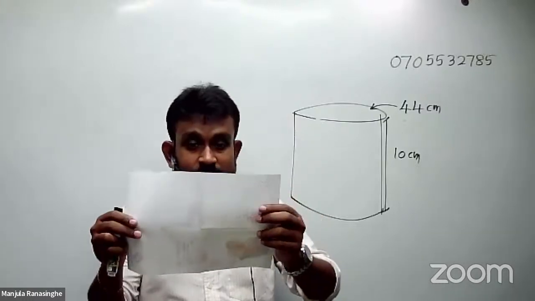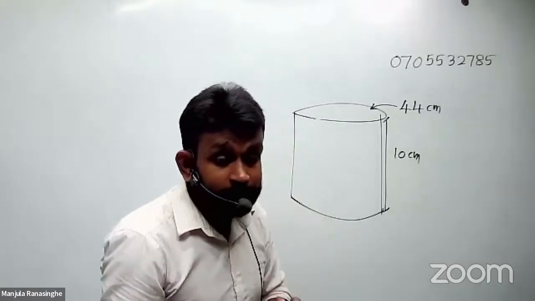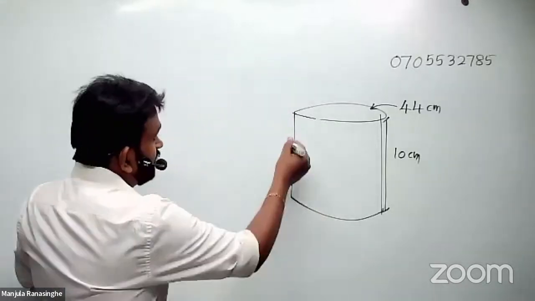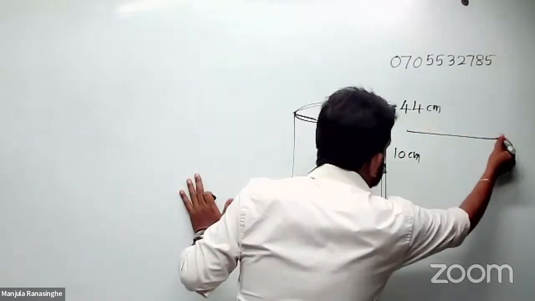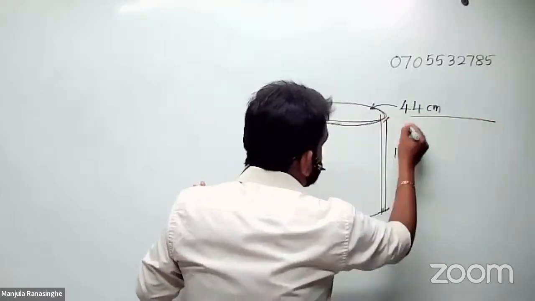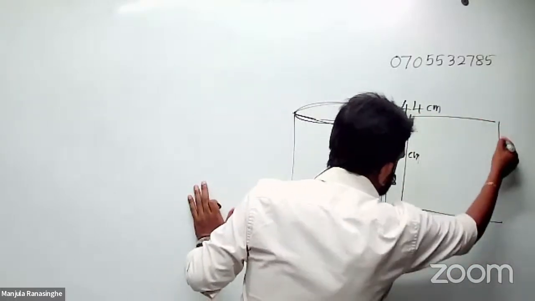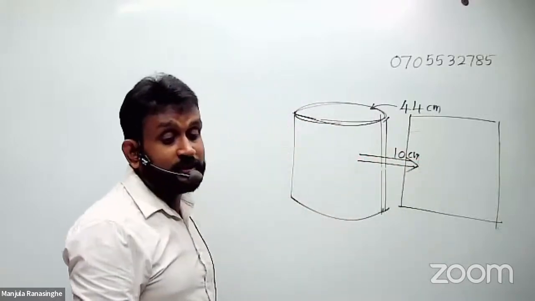So how to find the surface area of this one? Length into breadth. Remember in that way, the curved length is the length of the rectangle, and the height of the cylinder is the breadth of the rectangle. So I can extract this surface into a rectangle.